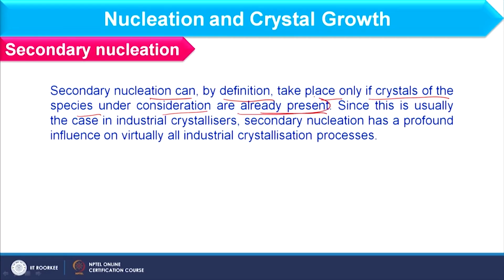Since this is usually the case in industrial crystallizers, secondary nucleation has a profound influence on virtually all industrial crystallization processes. So at the industrial level we usually consider secondary nucleation, because nuclei are already available.